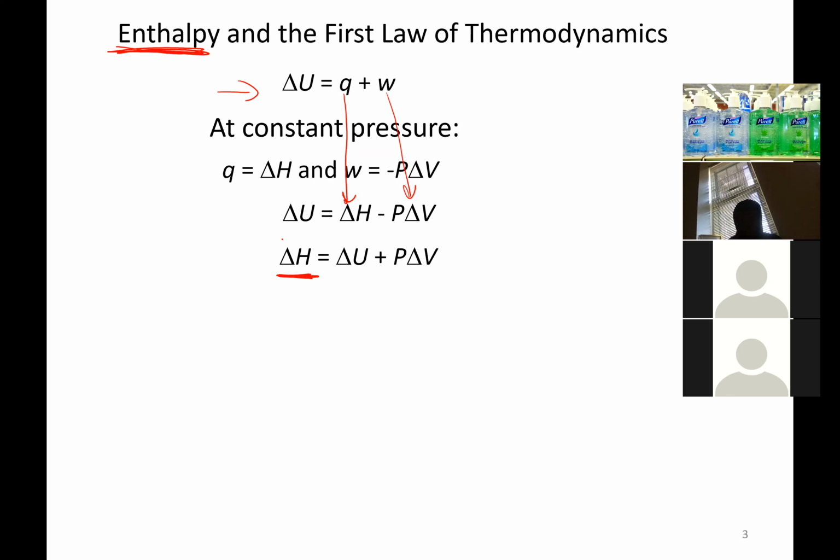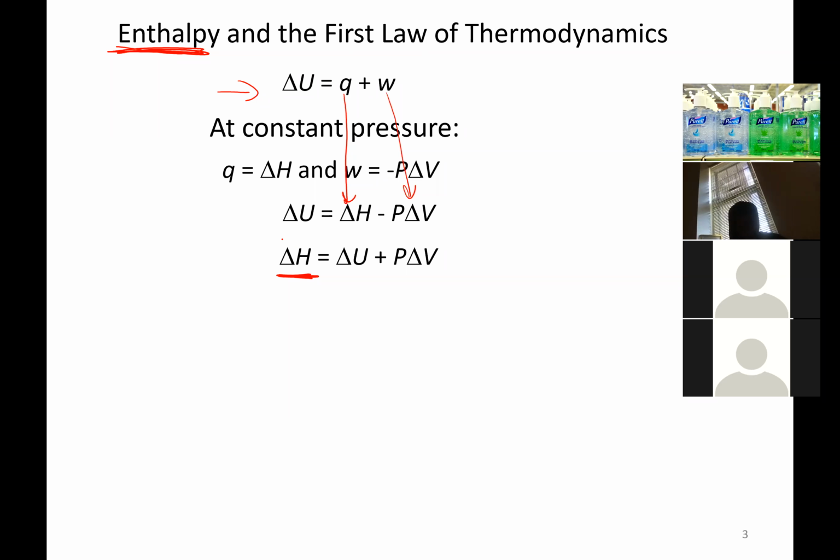Yes? Okay. So enthalpy is a state function. Can anybody tell me, does anybody know what that is? What is a state function? I mean, it was on the first page.